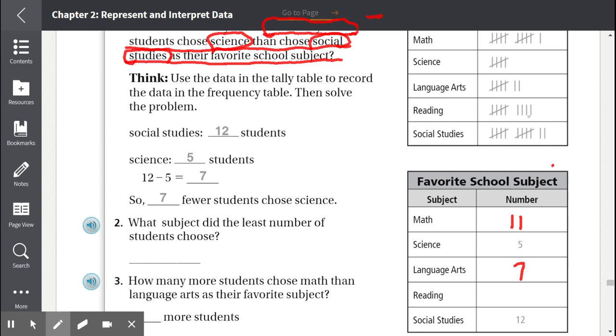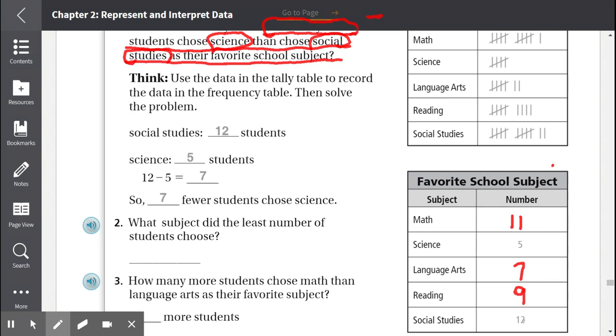For reading, we had 9. And social studies, we had 1, 2, 3, 4, 5, 6, 7, 8, 9, 10, 11, 12. So social studies had 12 and it's written for us already.